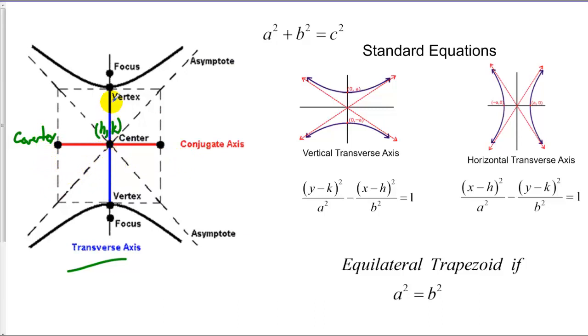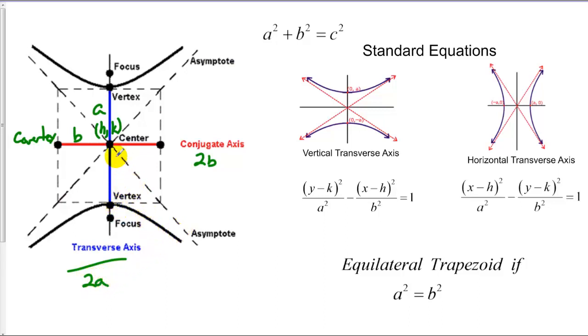The length from the center to the vertex is a. The length from the center to one end of the conjugate axis is b. So in other words, the conjugate axis is 2b in length, the transverse axis is 2a in length.